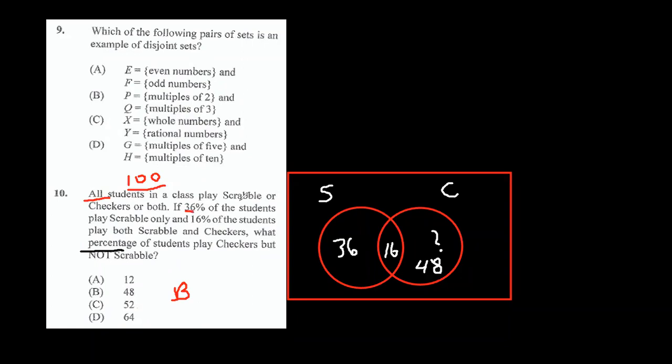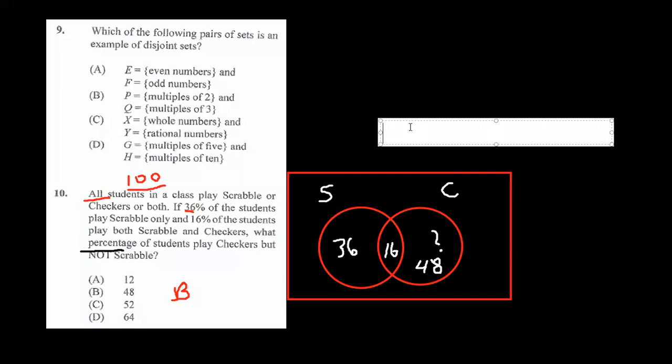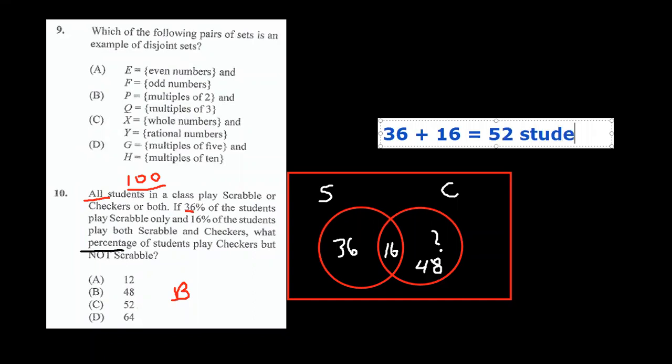36 students out of 100 will play Scrabble only. 16 students out of 100 will play Scrabble and checkers. So what percentage of students will play checkers only? So what you have to do is say 36 students, and 16 students, and 36 plus 16 is going to be 52 students.